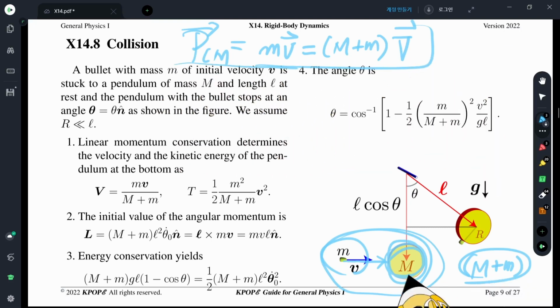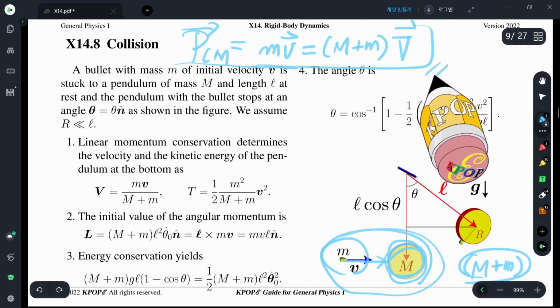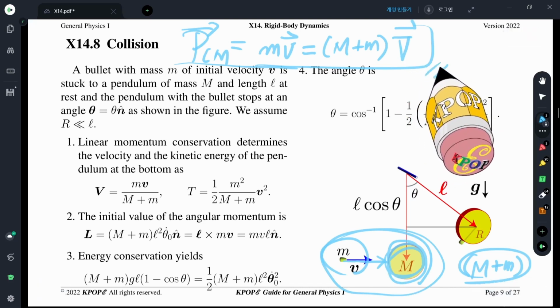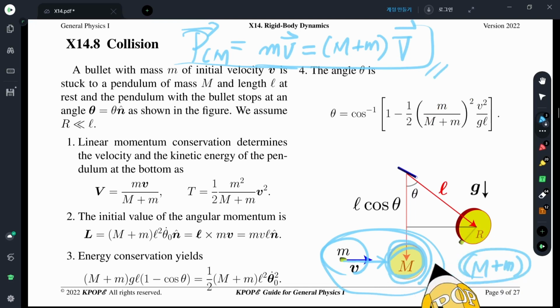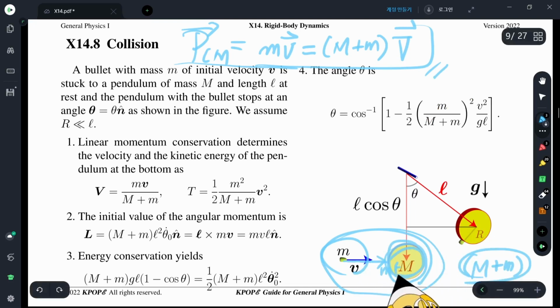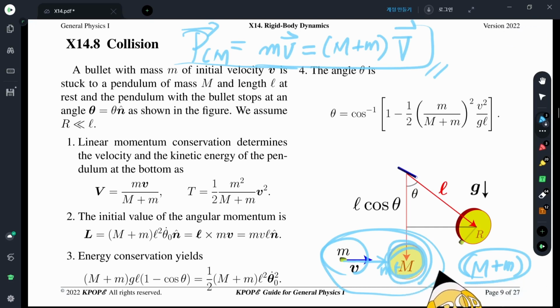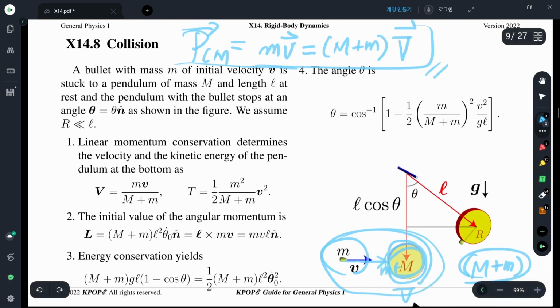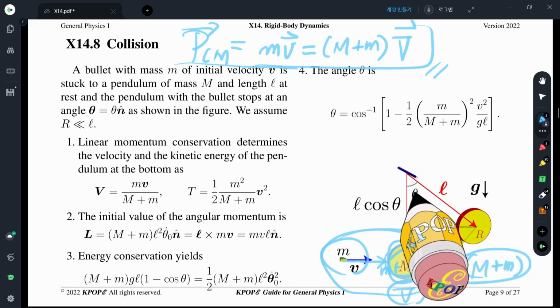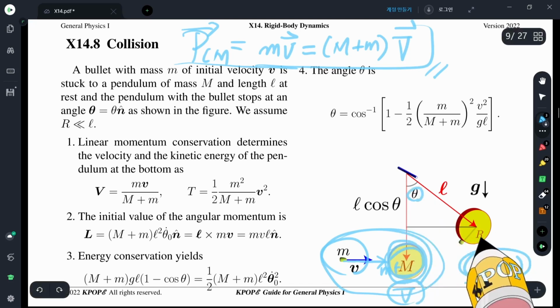Using this, we begin with this stage as the initial state of the motion of the composite system of small m and M. We begin with the velocity capital V here, and we would like to find the angle where they stop.